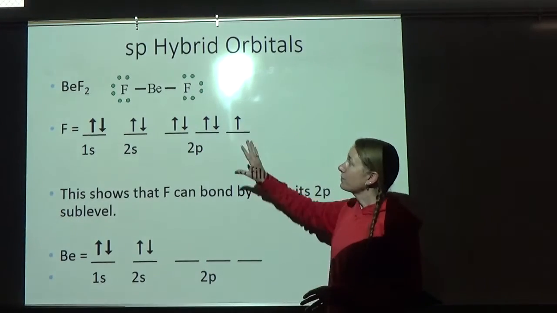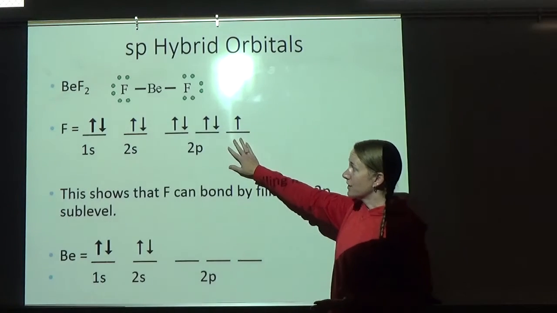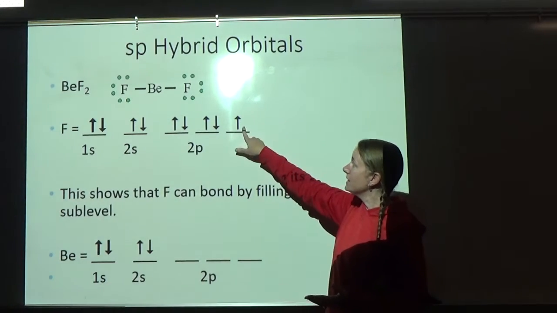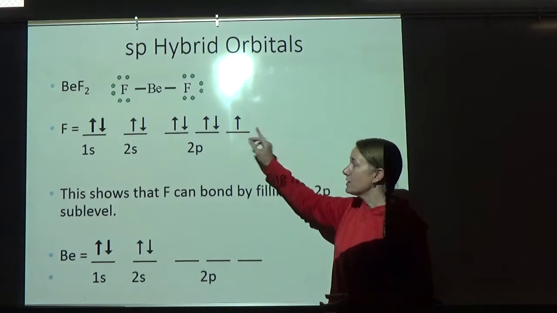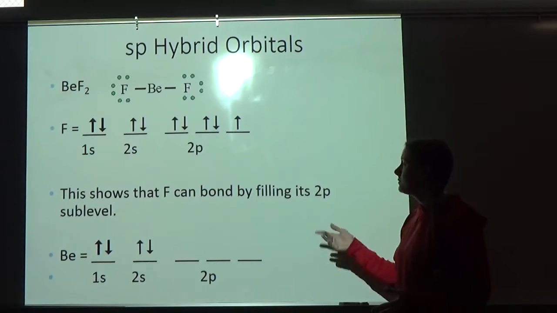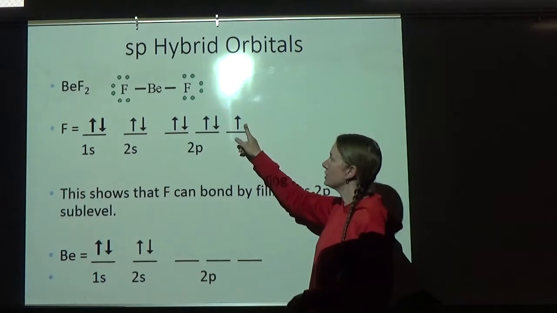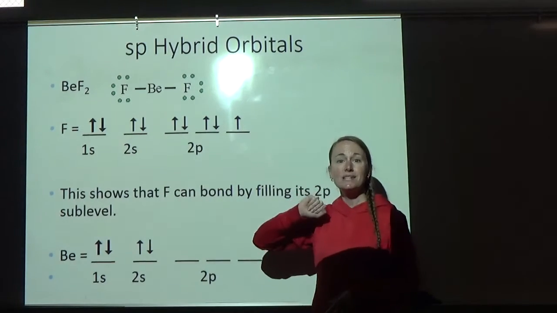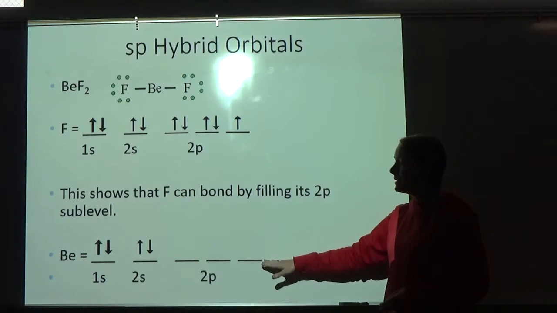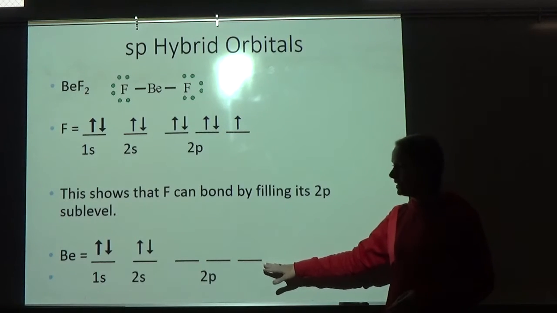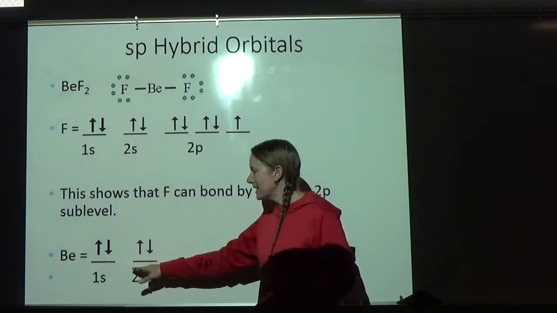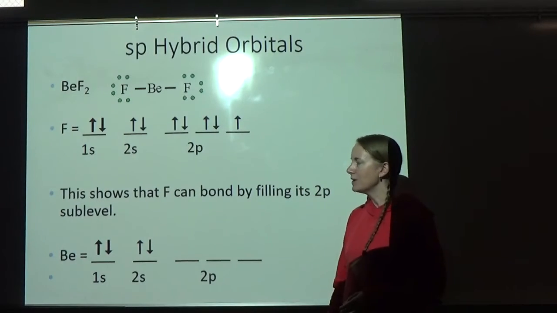If we look at the electron configuration for F, it needs 1 more electron. So this shows that F can bond by filling its 2p sublevel. That makes total sense. F wants to share an electron in that 2p sublevel. However, Be looks like this right here. It has a full 1s and a full 2s.